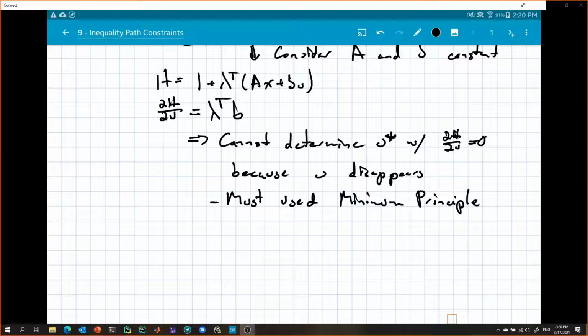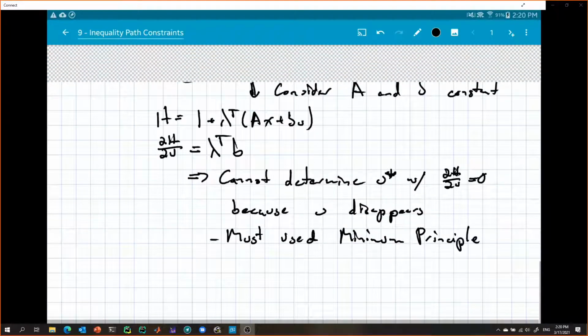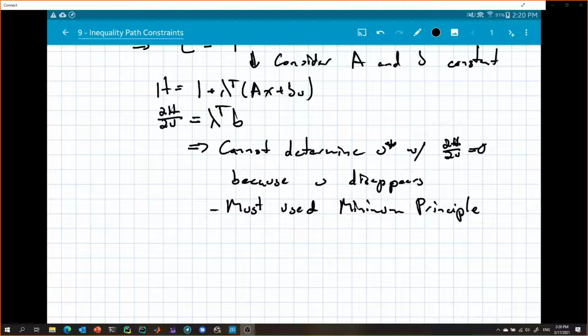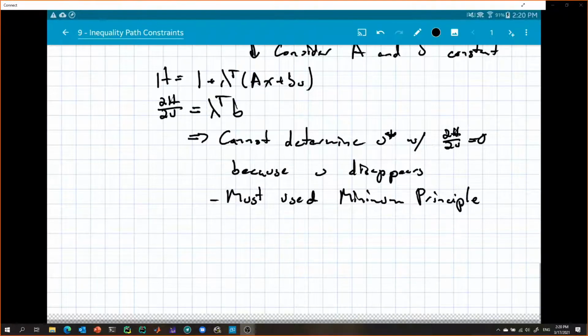So u would be on the positive boundary, which is 1, and vice versa. If lambda transpose B is positive, we want u to be as negative as possible, which is -1.